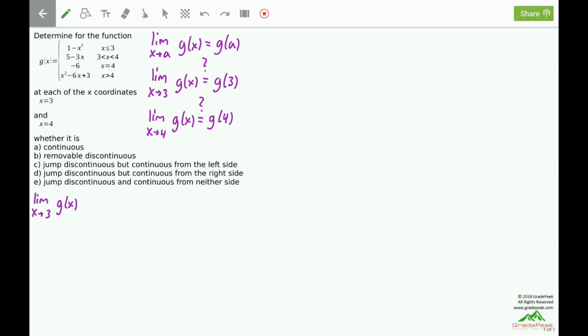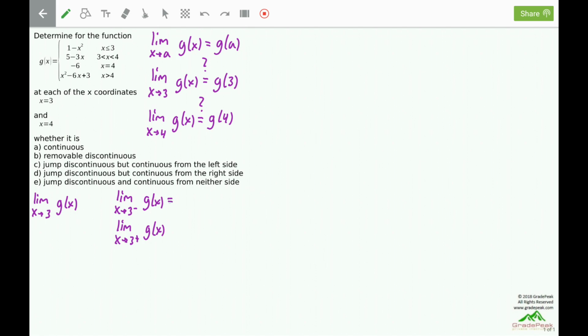G of x is a split expression function, and it's splitting right at the x coordinate of 3. So the limit from both sides of 3 will have to be worked out from each side separately. So we'll have the limit as x approaches 3 from the left side of g of x, as well as the limit as x approaches 3 from the right side of g of x.